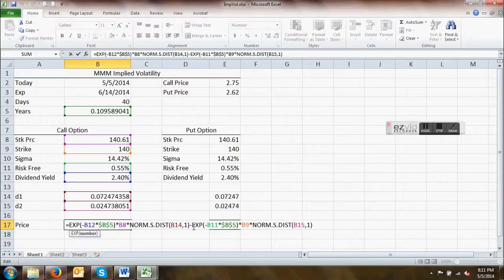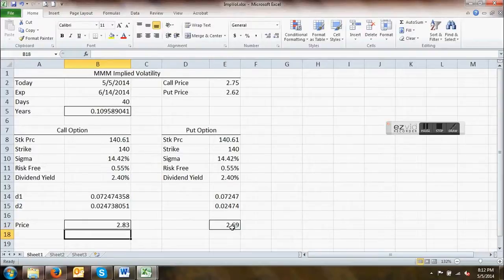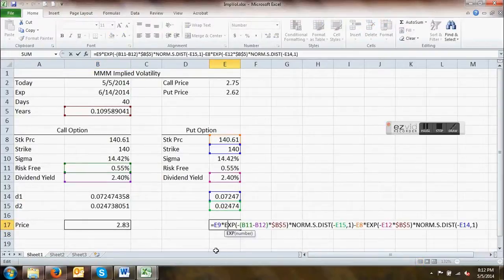You could put a 0 in there and you're going to get the normal probability density function. We won't get into the details of that. Subtracting the exponential of negative B11, which is the risk-free rate, times tau, times B9, which is the strike price, NORM.S.DIST of B15, which is D2, comma 1. And then for the put option, it's very similar.